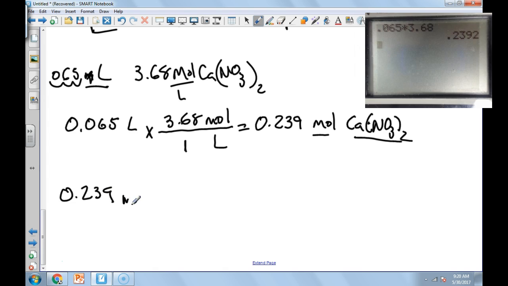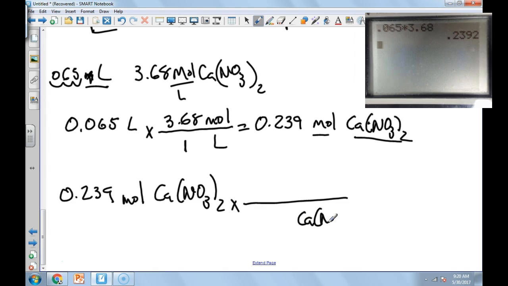0.239 moles of Ca(NO3)2, X-line, and so we're going to Ca(NO3)2 and then Ca2+. So for every one of these, how many of these do we have?